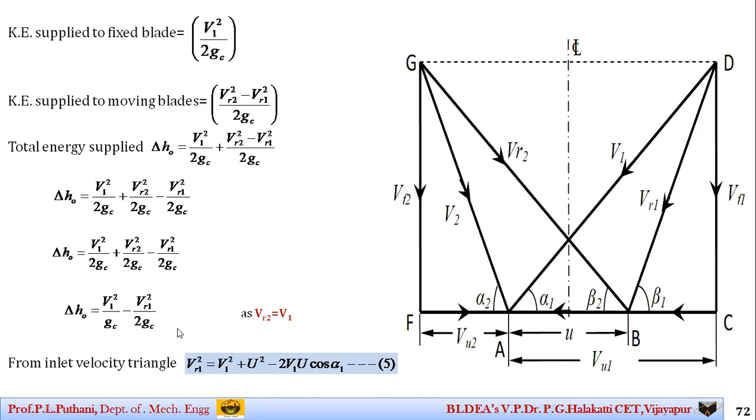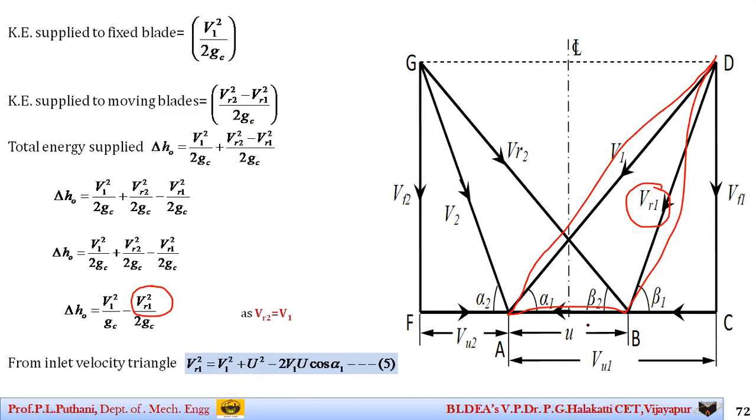Using the inlet velocity triangle, I will find the value of vr1 square using the cosine rule for this particular triangle, that is DAB. That is, vr1 square is equal to the sum of the squares of the other two sides, that is u square plus v1 square minus 2u v1 cos alpha 1.